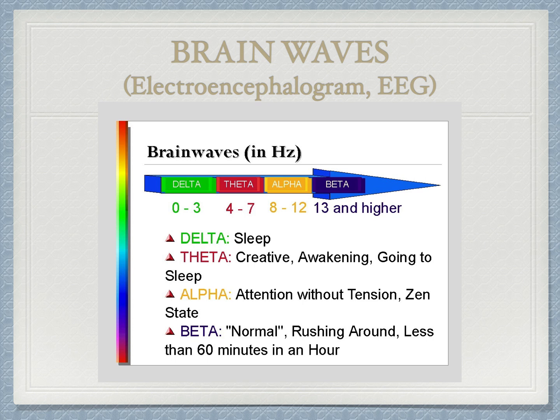Alpha can be described briefly as attention without tension, or in contemporary language, situational awareness. The next wave is the beta wave, which we can describe as when we're rushing around and there seems to be less than 60 minutes in 1 hour.